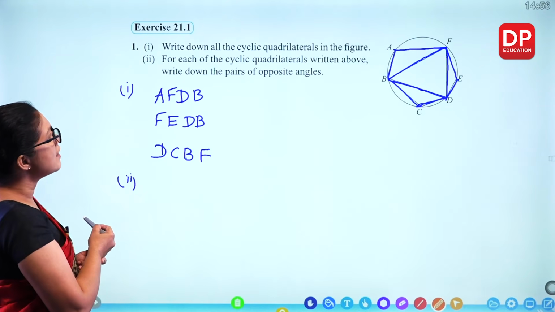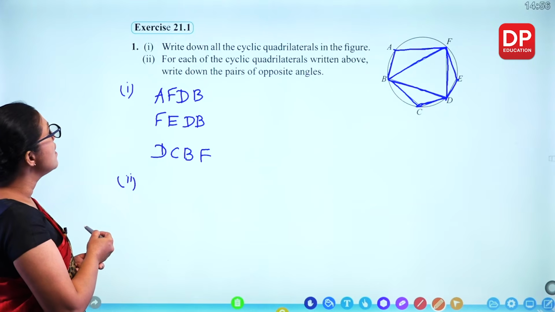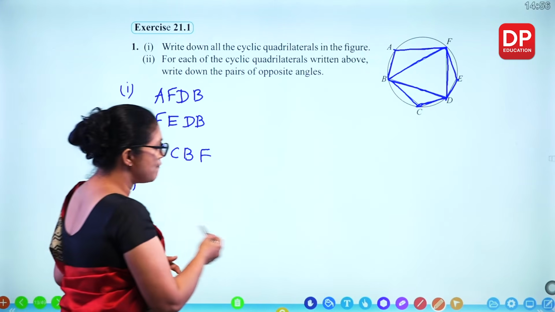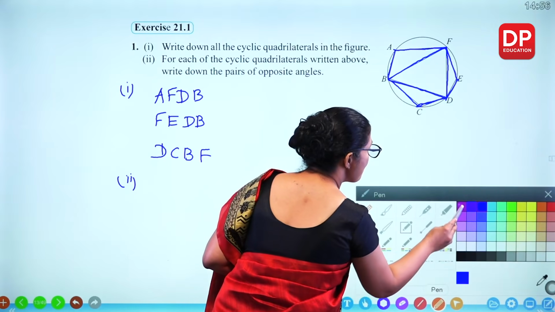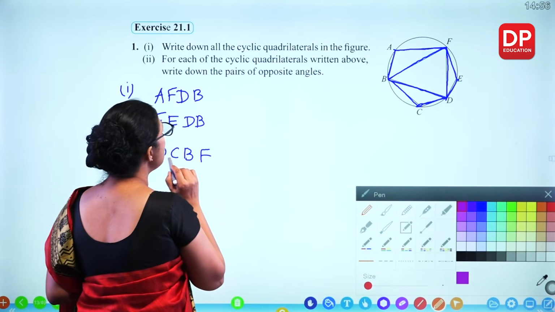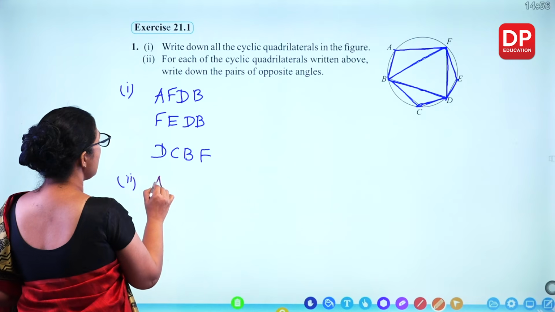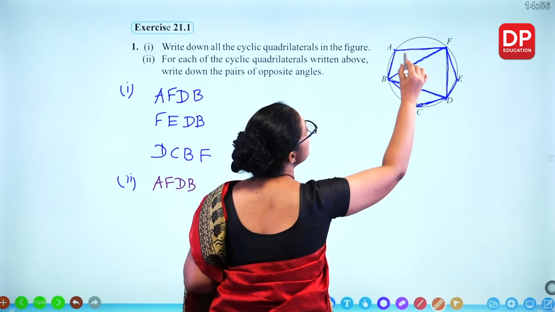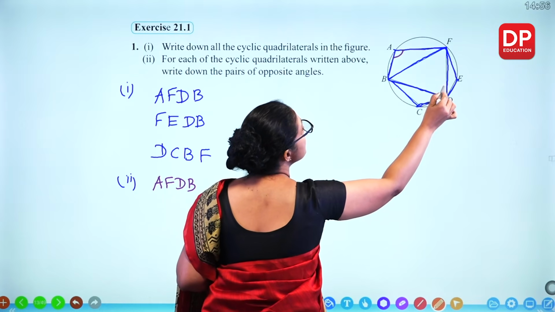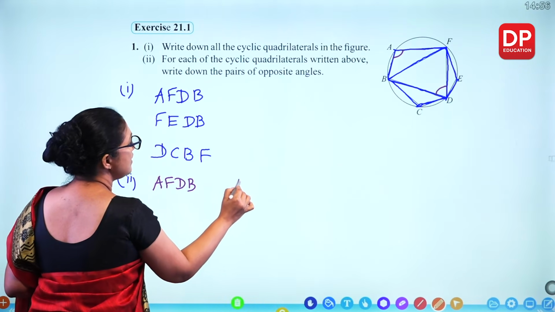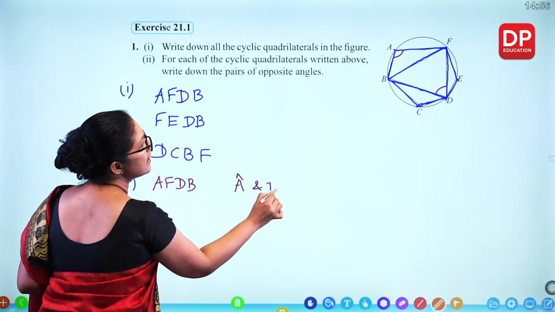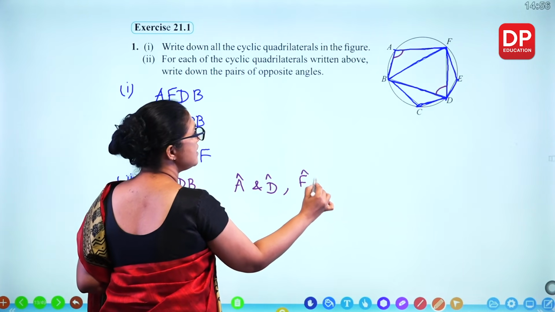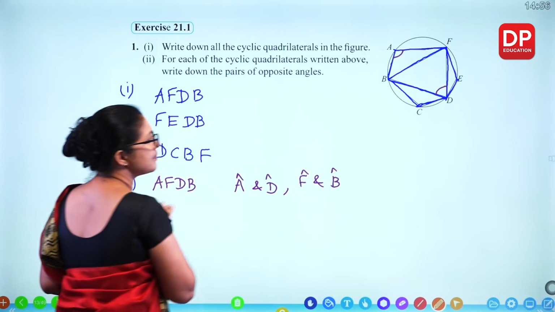Part 2. For each of the cyclic quadrilaterals written above, write down the pairs of opposite angles. We'll first take AFDB. What are the opposite angles? A angle and D angle, as well as F angle and B angle.